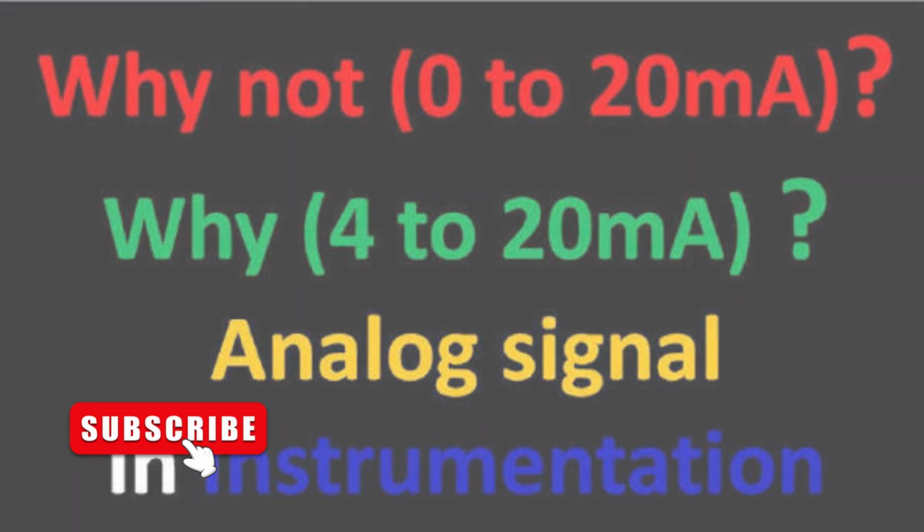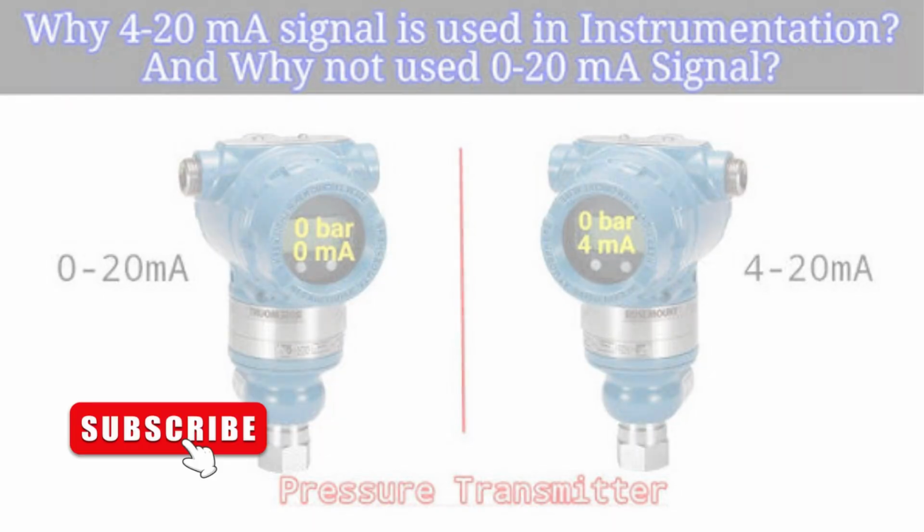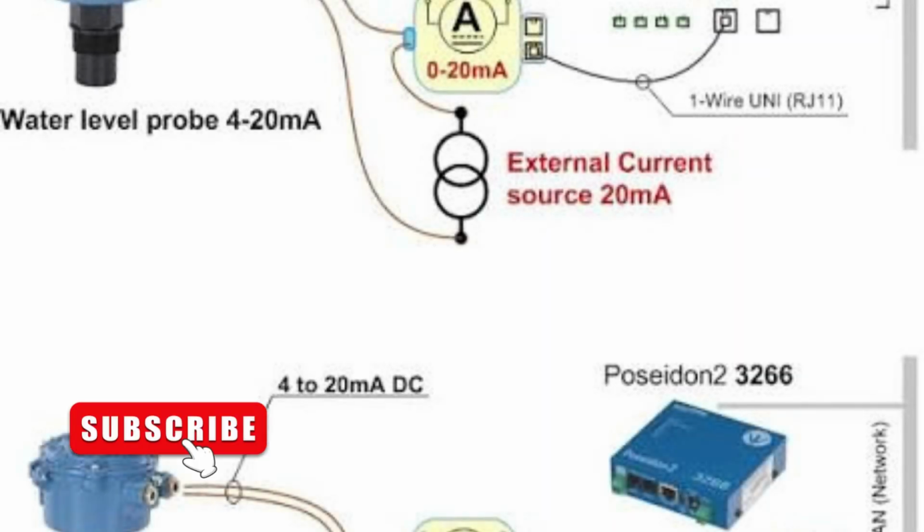Today, we are going to discuss a very important topic in industrial automation. Why do industries use 4-20 milliamp current signals instead of 0-20 milliamps? In modern industries, automation systems play a vital role in monitoring and controlling different processes.